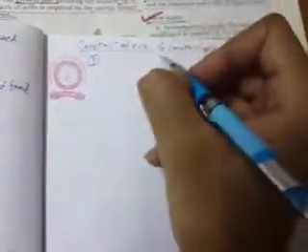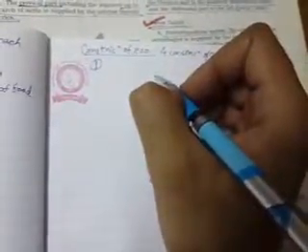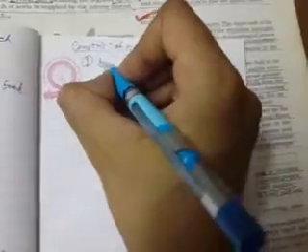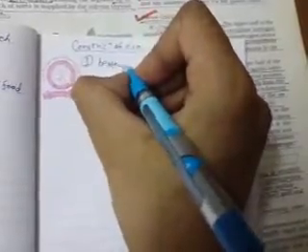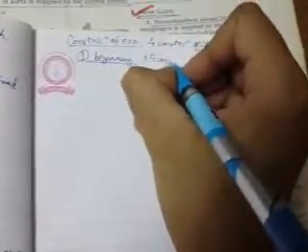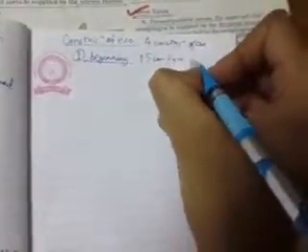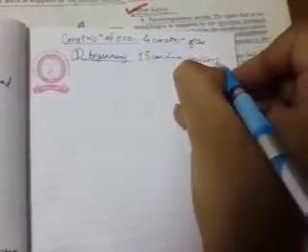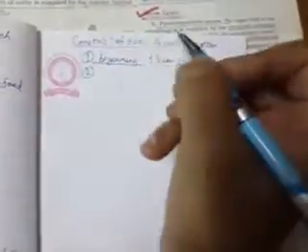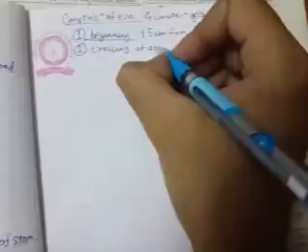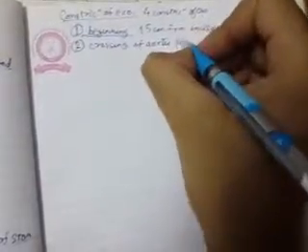Number 1, at its beginning, that is 15 cm from the incisor teeth. The second constriction is where it is crossed by the aortic arch.